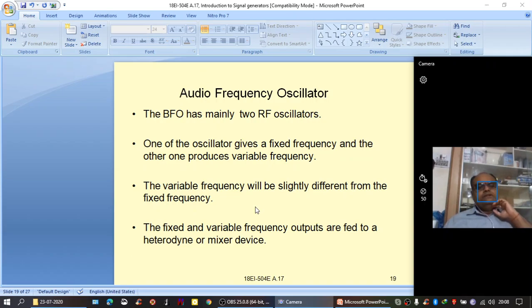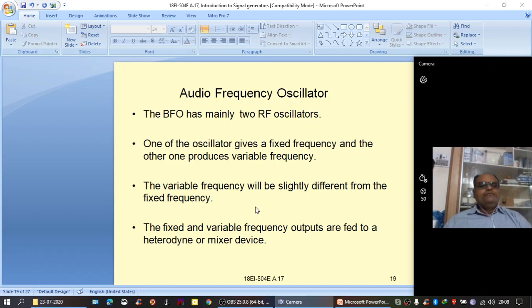say for example, the audio frequency range is up to 20 kilohertz. Let us assume that some fixed RF oscillator is providing 100 kilohertz and the variable oscillator is providing 110 to 120 kilohertz.